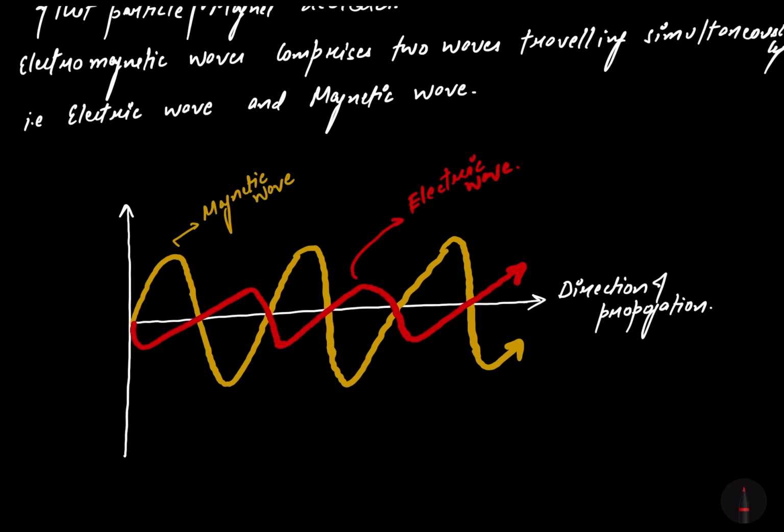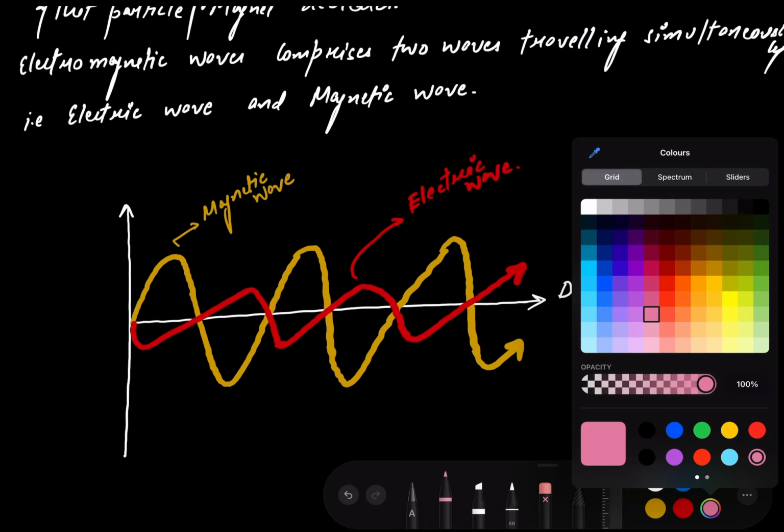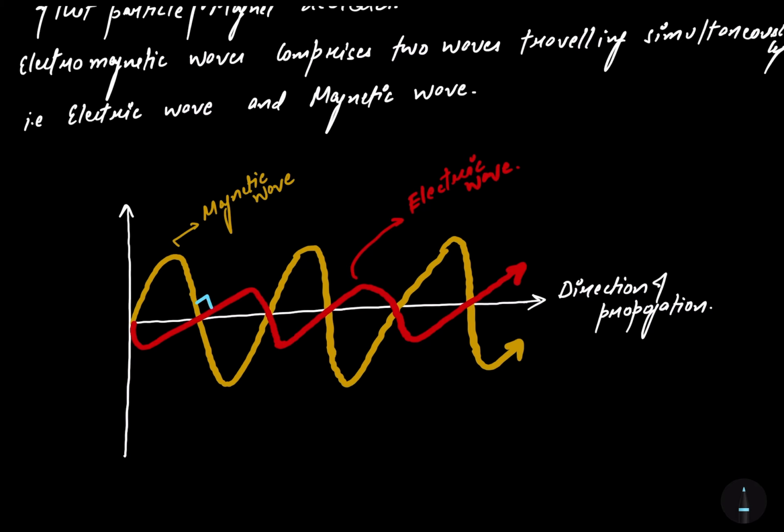So the magnetic wave will travel in the y plane and the electric wave will travel in the x plane. So what you can observe over here? You can observe that first of all, the magnetic wave and electric wave are perpendicular to each other. Now, the magnetic wave is perpendicular to the direction of propagation, and you can also see that even the electric wave is also perpendicular to the direction of propagation. That is my electromagnetic wave.